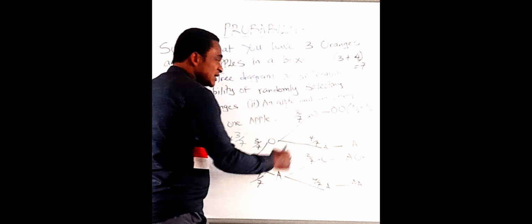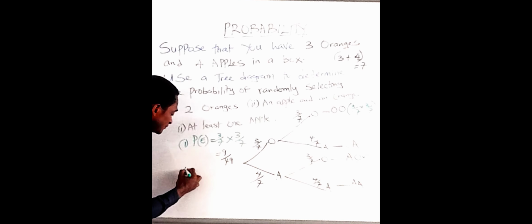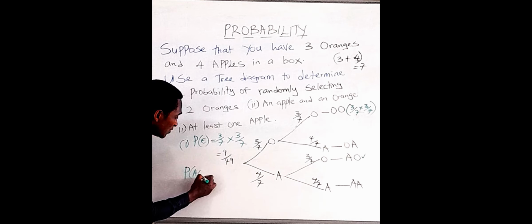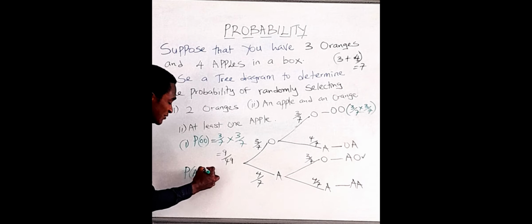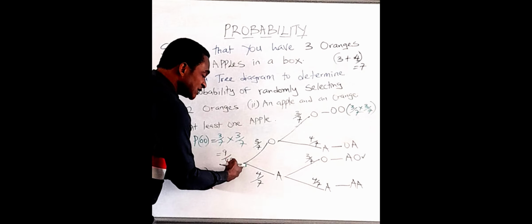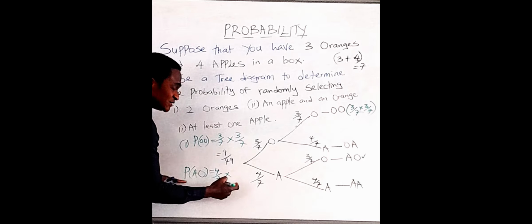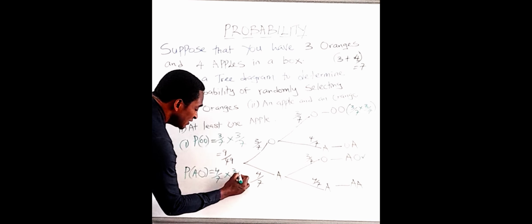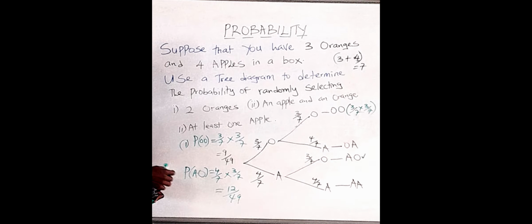Notation-wise, we can say probability of apple, orange. These notations are very important. Now we trace apple as the first one. That's 4 over 7 times orange, which is 3 over 7. And this will give us 12 over 49. That is the probability of getting an apple and an orange.